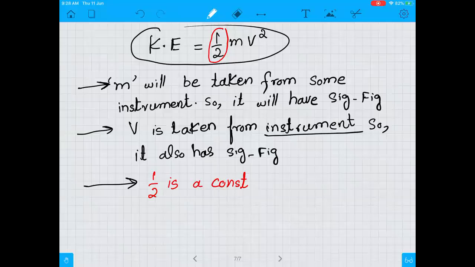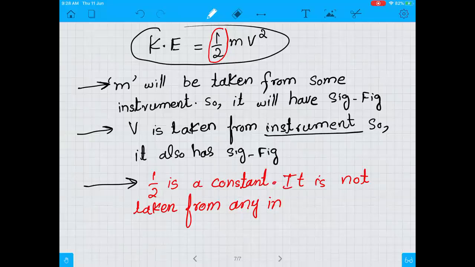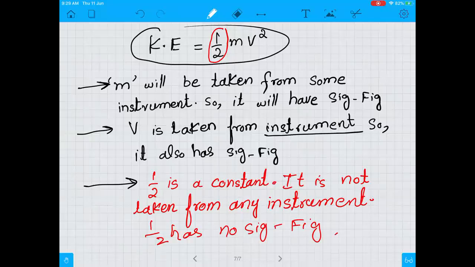For this formula, it is not taken from any instrument, so it has no significant figures. 1 over 2 has no significant figures, and it has no role while determining the significant figures of the answer.